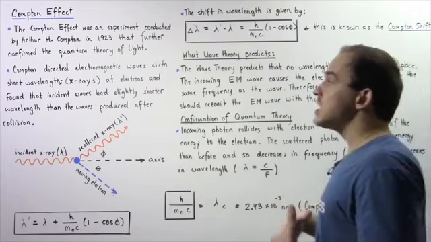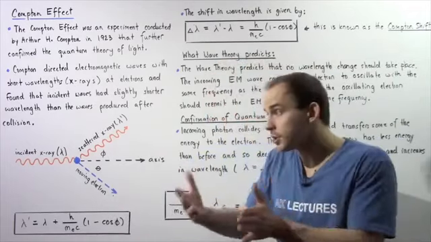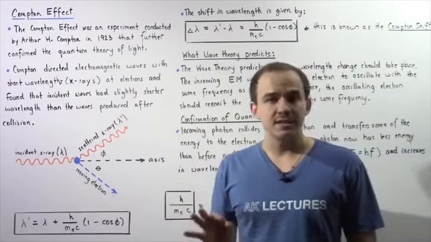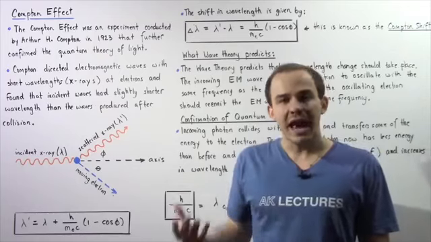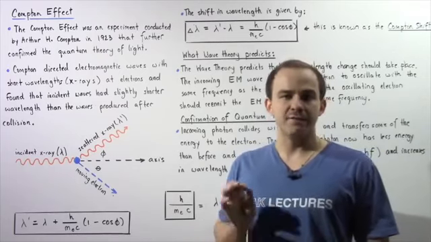This is known as the Compton effect. And this further confirmed the quantum theory of light, the fact that light consists of photons that carry energy that depends on the frequency of oscillation of that photon.